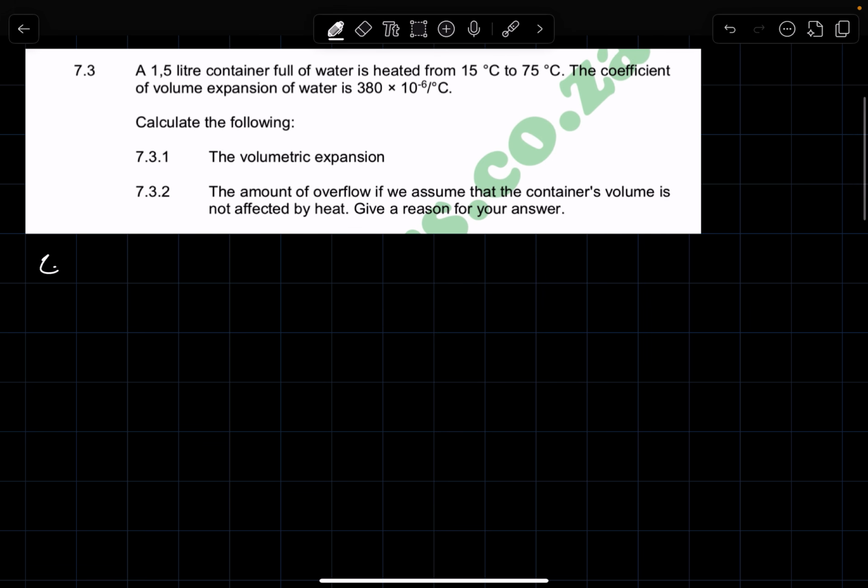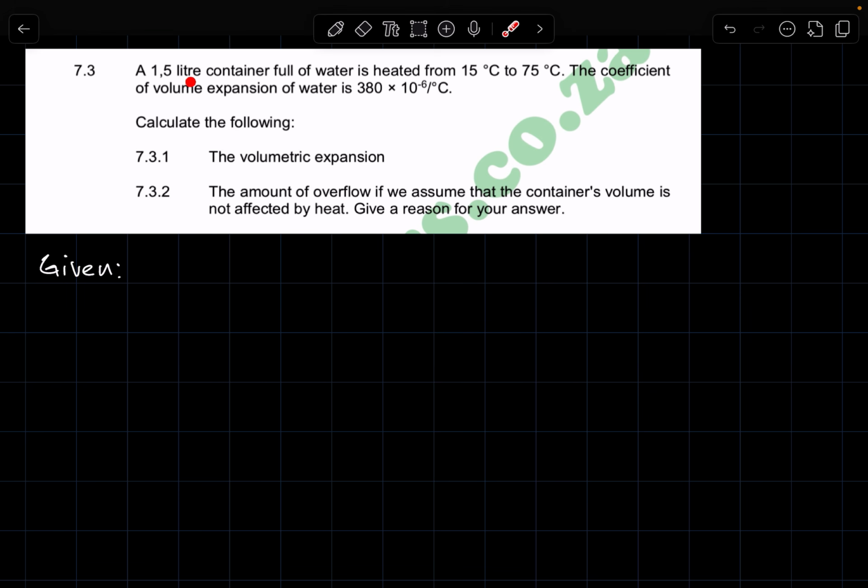Now let's write down what we've been given first. They did give us the capacity of the container. So saying that it is full of water, it means the volume of water is 1.5 as well.